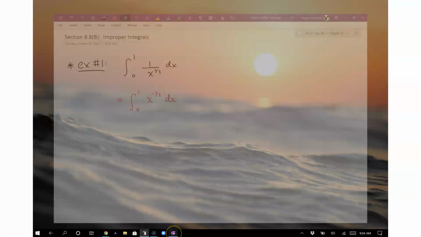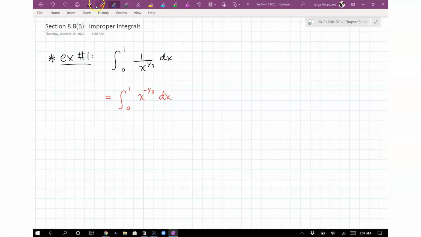So if I can just draw it for you, you have a picture that looks like this from 0 to 1. Let's pretend this is our 1 right here. The area they're talking about is all of this.